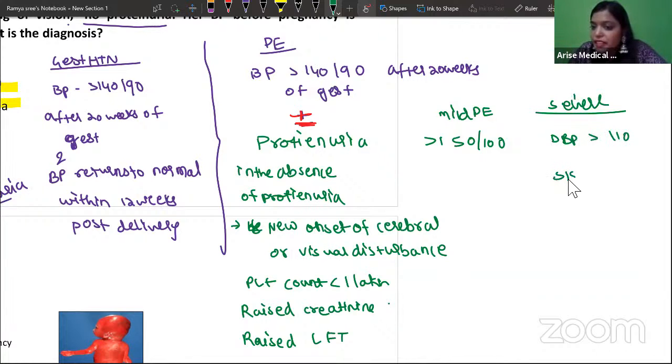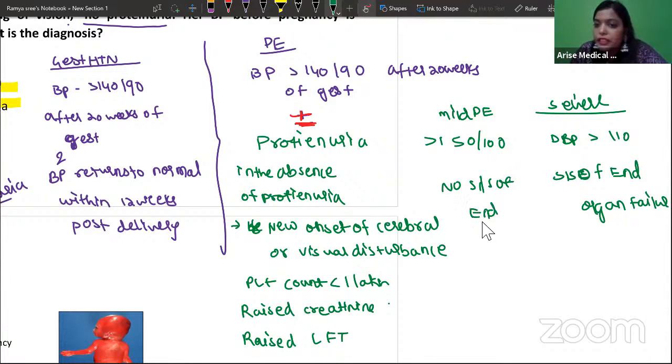Severe has signs and symptoms of end organ failure. Mild has no signs and symptoms of end organ failure. That is, all this headache and all won't be there in mild. Chronic hypertension is blood pressure before pregnancy or blood pressure after 20 weeks, but not coming back to normal within 12 weeks, right?